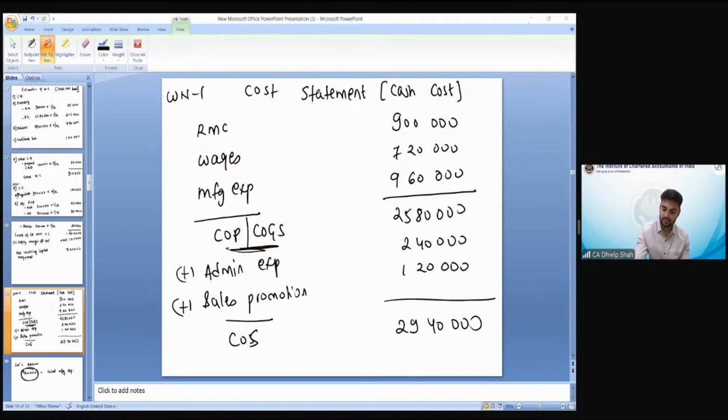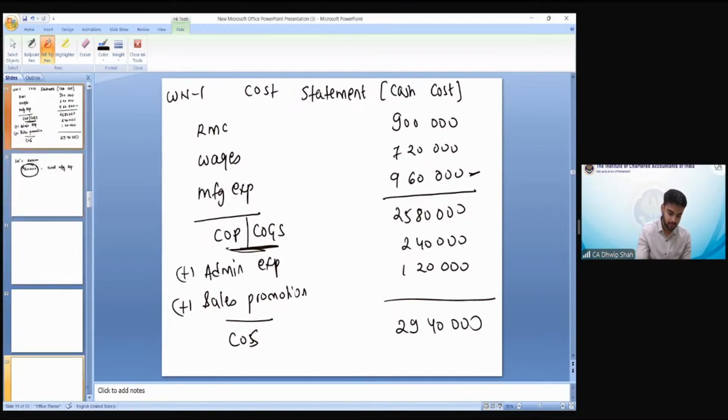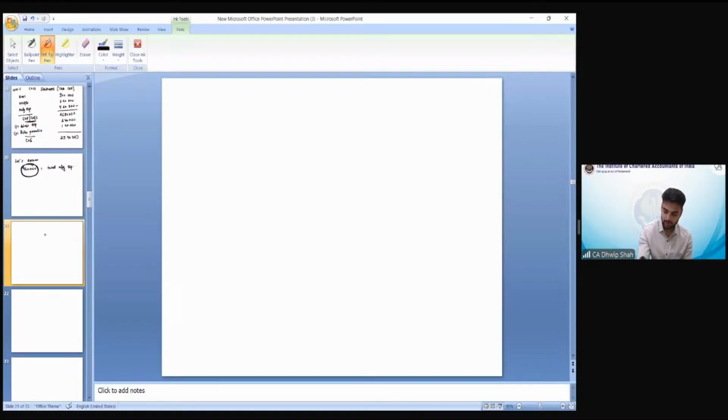If not given, then this is your cash manufacturing expense. What else can we do if it's not given? We cannot make our own assumption. If it is not given, assume that it is cash manufacturing expense.